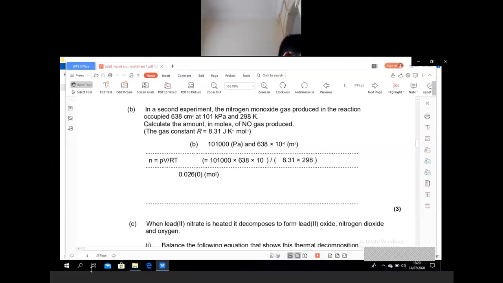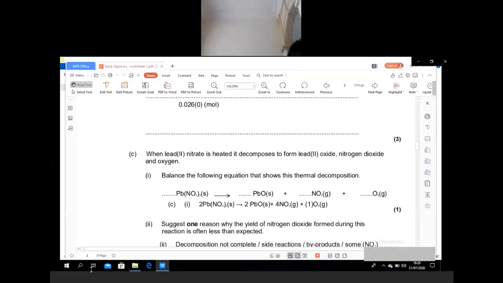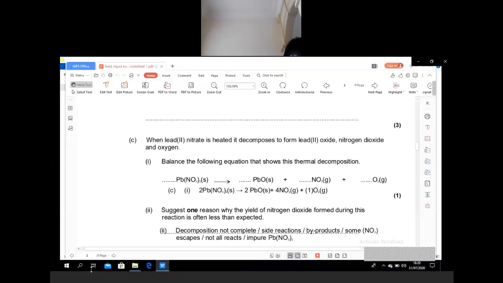And then when lead nitrate is heated, it decomposes to lead oxide, nitrogen dioxide, and oxygen gas. The equation is already given. We just need to balance it. Of course, you can balance it.